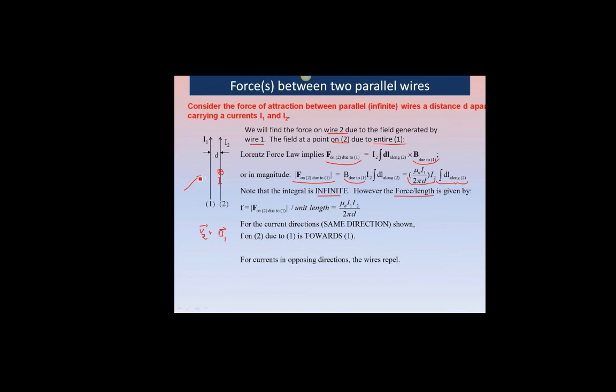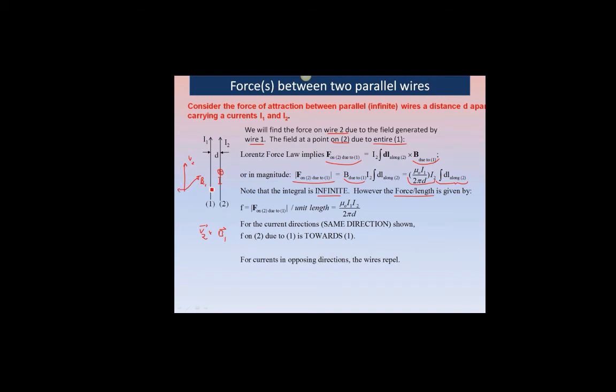So that's our B due to I1. Okay, what direction is V2? Well, it's in the direction of current, so this is V2 right here. So V2 and this is B1. Take the cross product, so which way is it? Well, if you take V cross B, it gives you a vector in this direction.